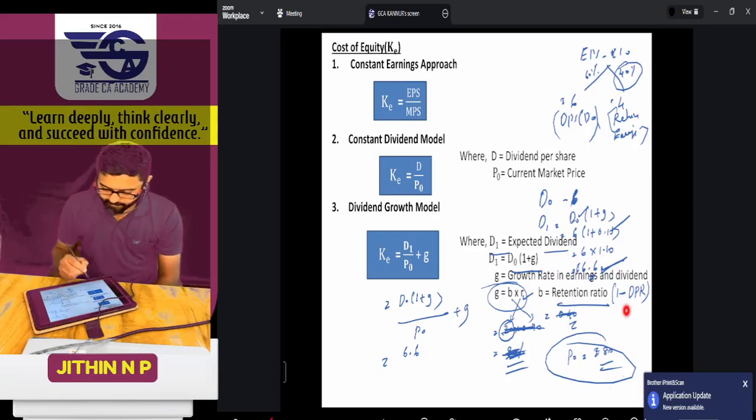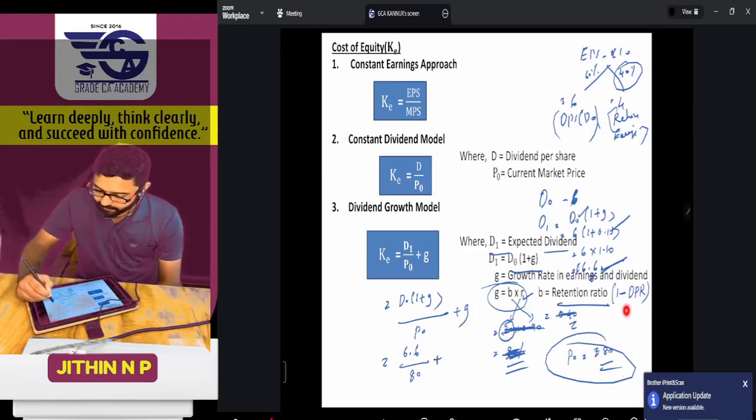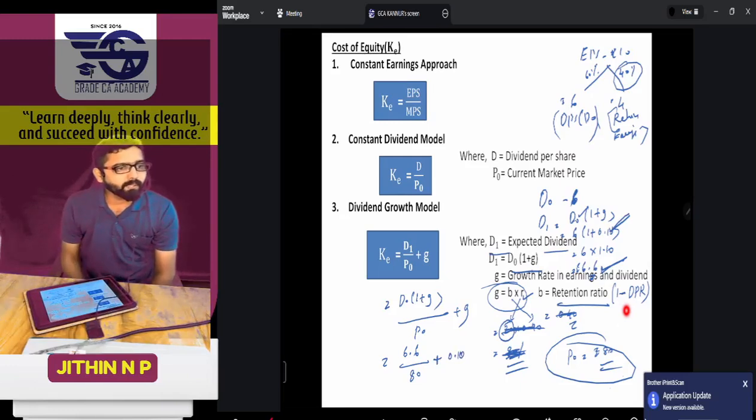6.6 divided by P0. What is P0? 80. Plus G. The question already gives you G is equal to 10%, that is 0.10. Just calculate 6.6 divided by 80 plus 0.10.